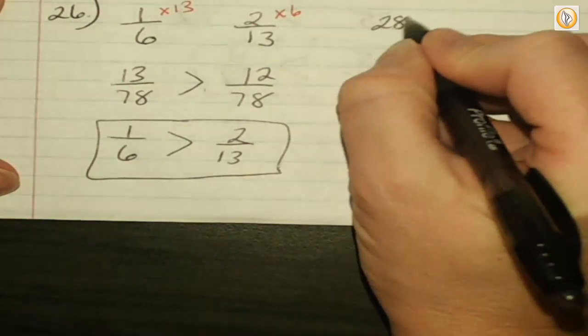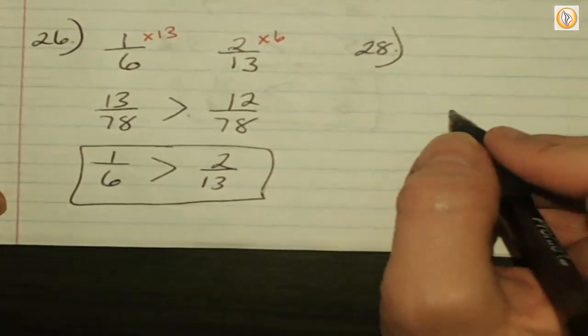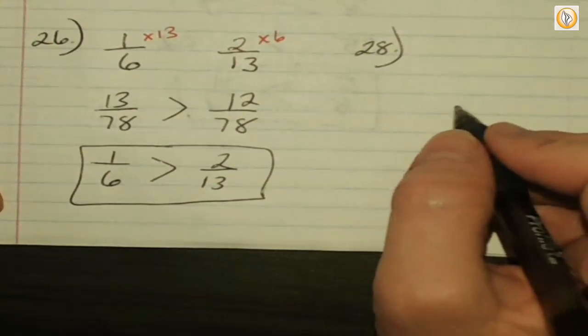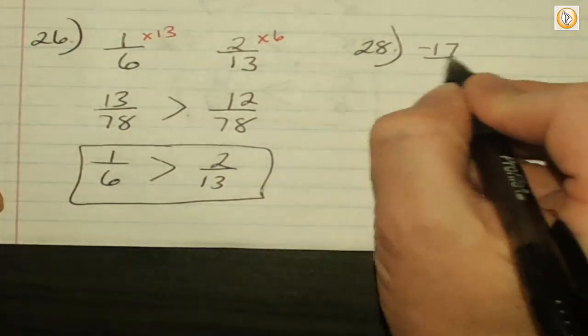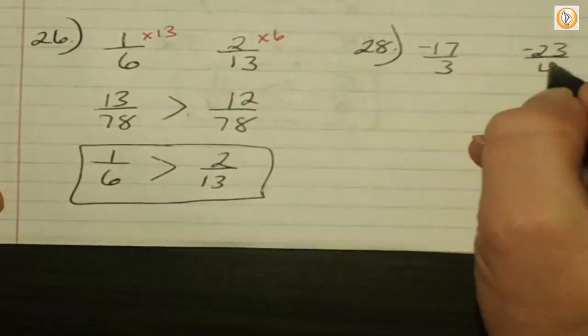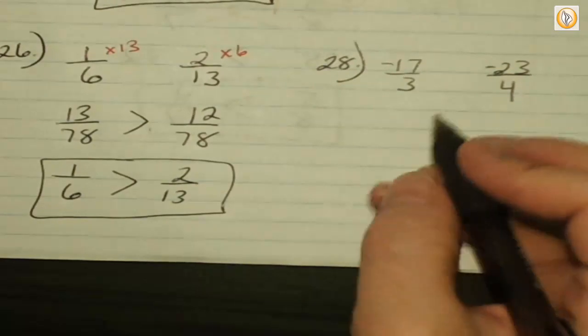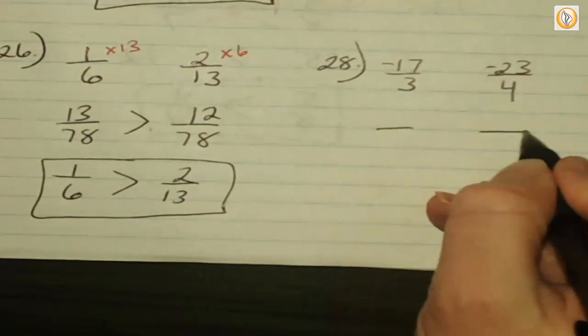Let's look at 28. Are there any questions, by the way? All right, 28 is negative 17 over 3 and negative 23 over 4. We're going to need to get common denominators.